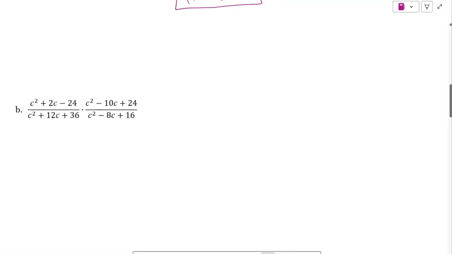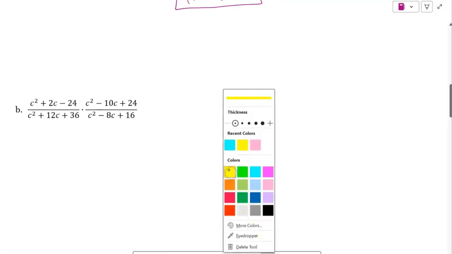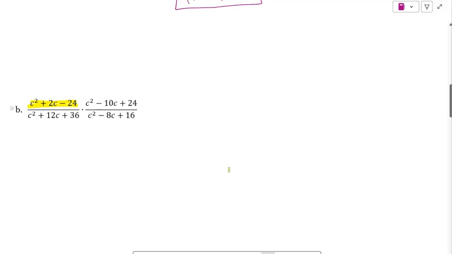Following the same idea we just did, we'll start by factoring each of the polynomials that I have. So first I've got, let's see, c plus 6 times c minus 4. For the denominator of that fraction, we'll have c plus 6 times c plus 6.